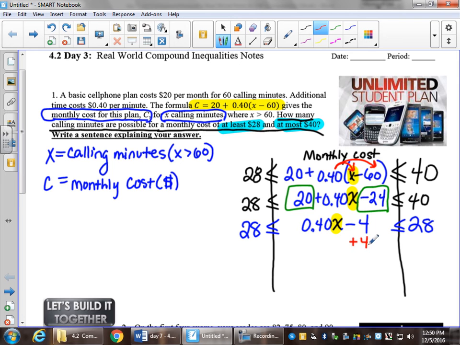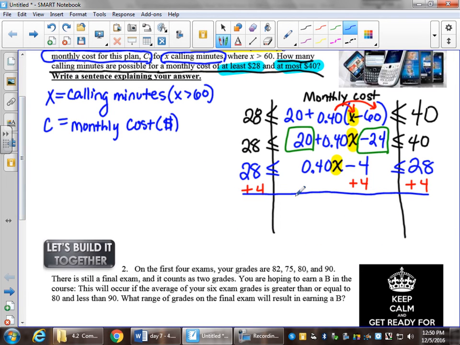If I add 4 here, I have to add 4 to each of these sides. Line all the way across. 28 plus 4 is 32, less than or equal to, this is gone, 0.40x is left there, less than or equal to 28 plus 4, 32.